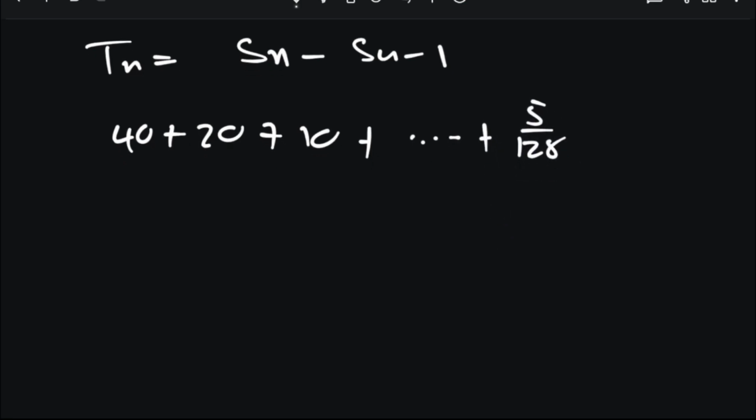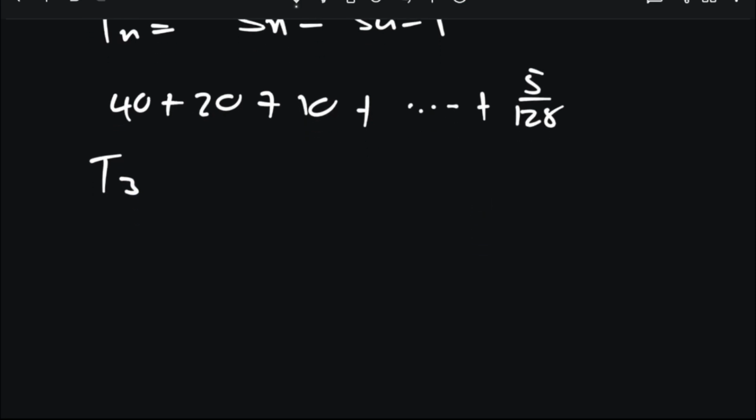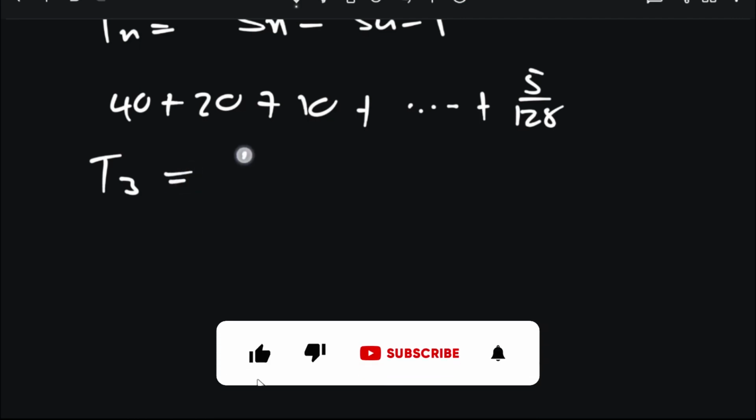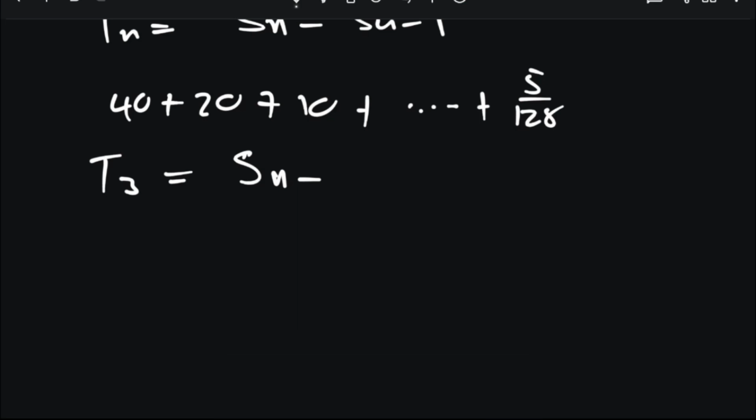Let's say we wanted to find T3. We are told that to find Tn, we subtract Sn minus 1 from Sn.